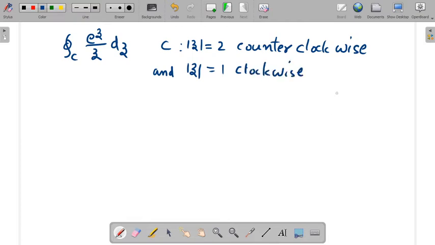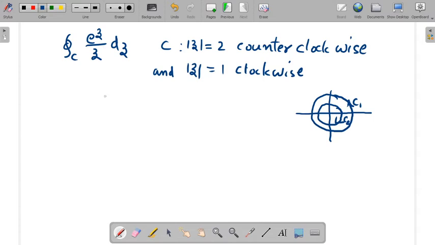So C consists of two circles. One is mod z equal to 2, taken in counterclockwise direction. Let us name this as C1, and mod z equal to 1, that is taken in clockwise direction, C2.